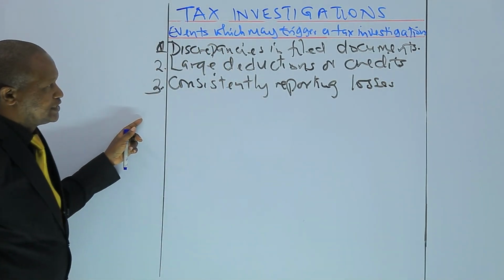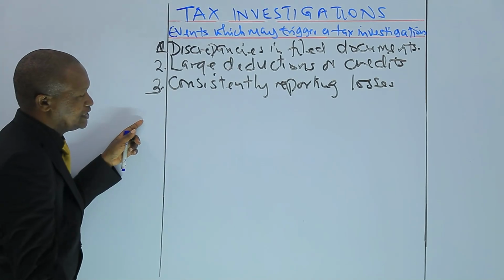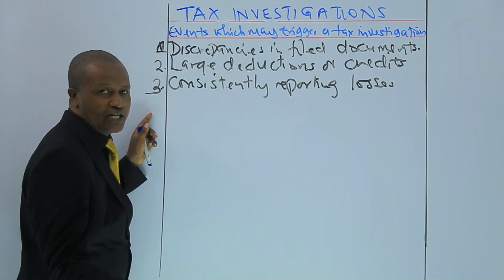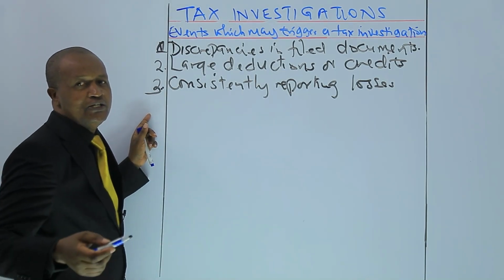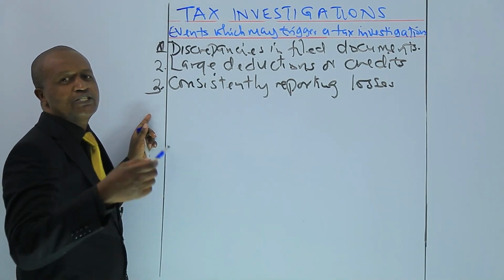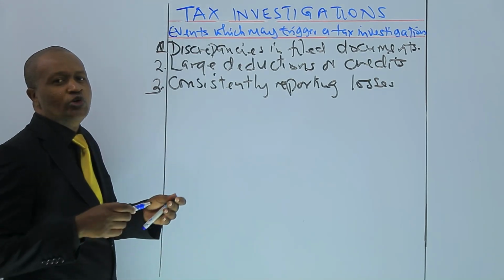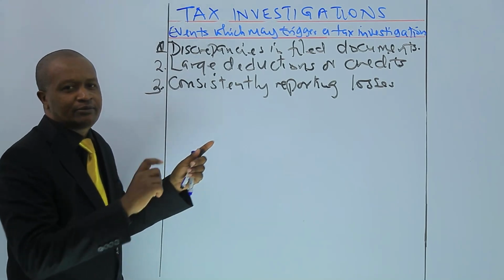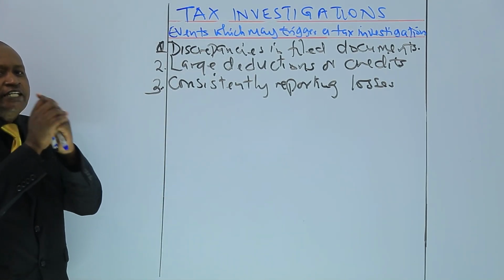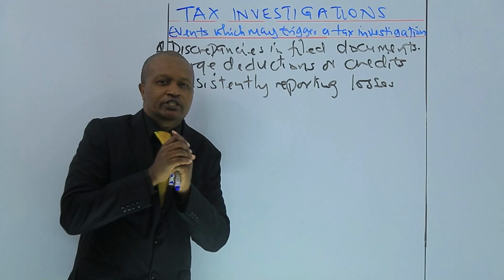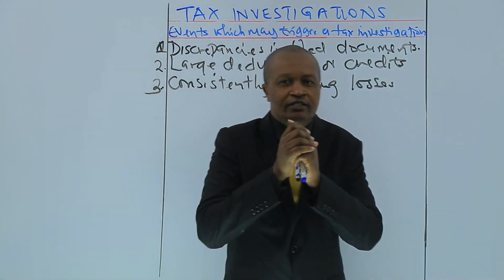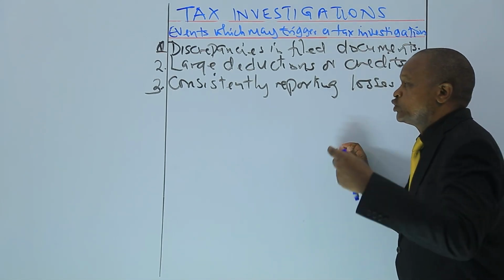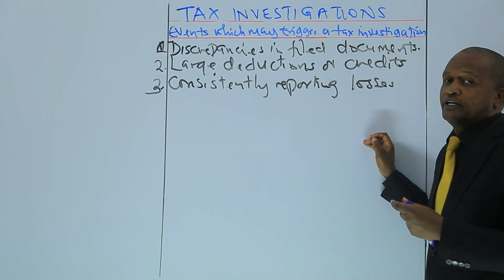Where an organization consistently reports losses year in, year out, regularly reporting business losses, especially when those losses serve to offset other incomes, that can signal to the tax authority that there is need to scrutinize such a taxpayer.